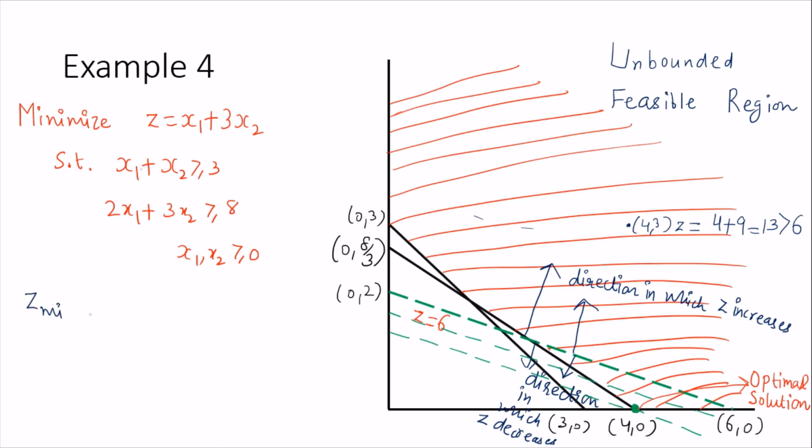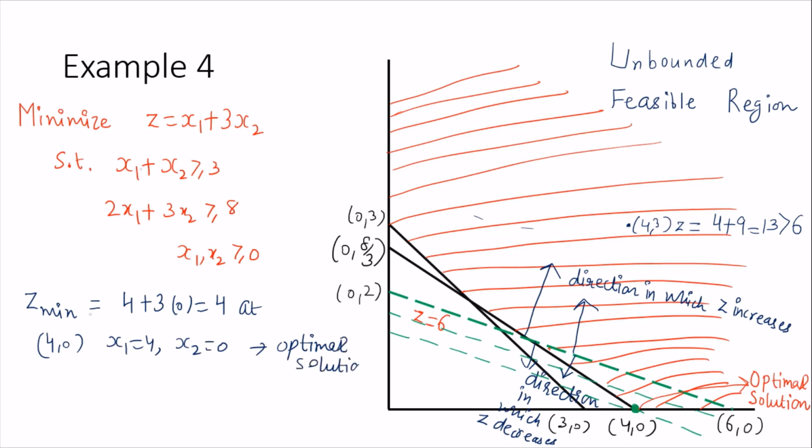So z minimum is turning out to be 4 at the point 4,0. So x1 is 4, x2 is 0 is the optimal solution. So this is another example of its kind, that although the feasible region is unbounded, my LPP is having an existing optimal solution.